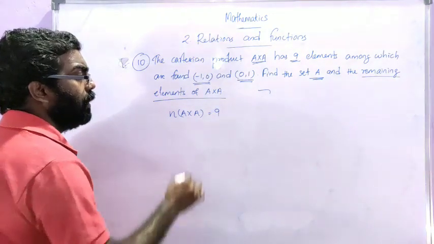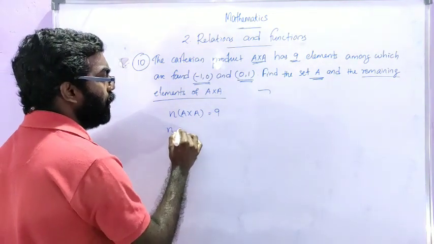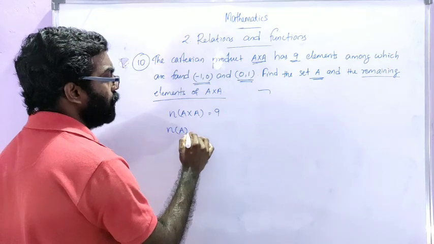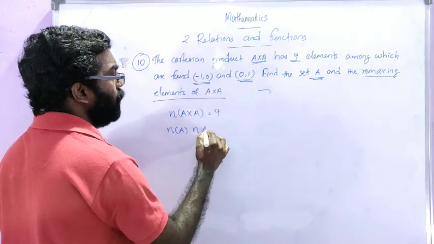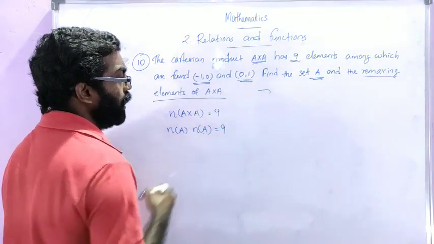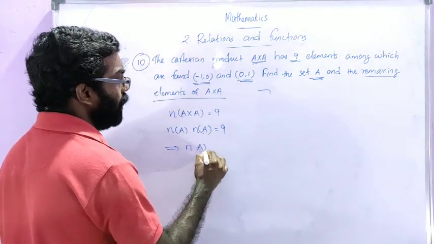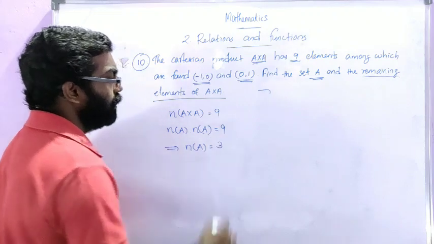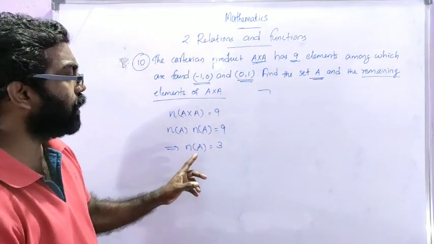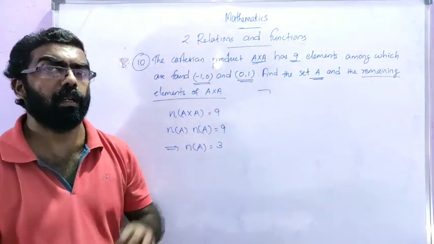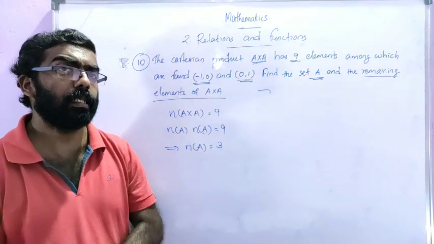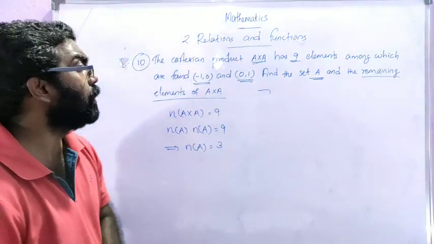It is given, and we know n of A cross B is n of A into n of B. So here we can write n of A into n of A is equal to 9. From this the number of elements in A is 3, since 3 into 3 is 9. So n of A is equal to 3.